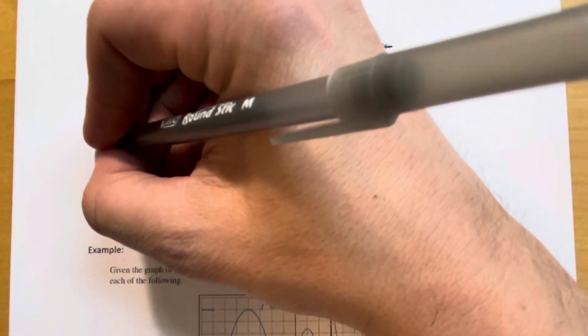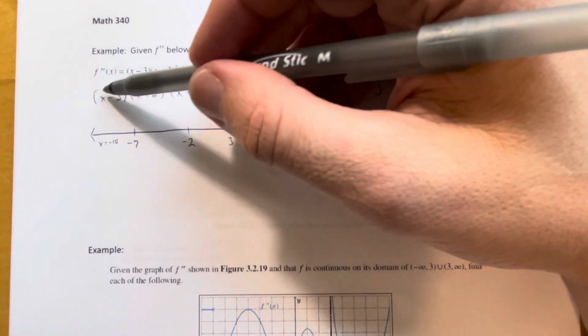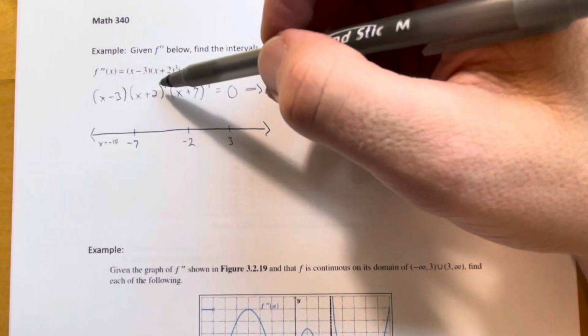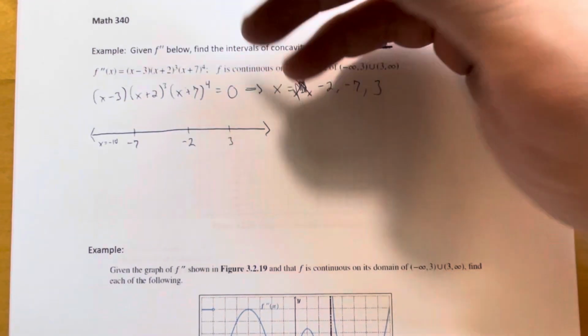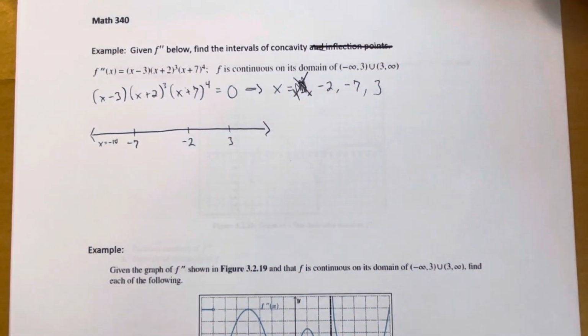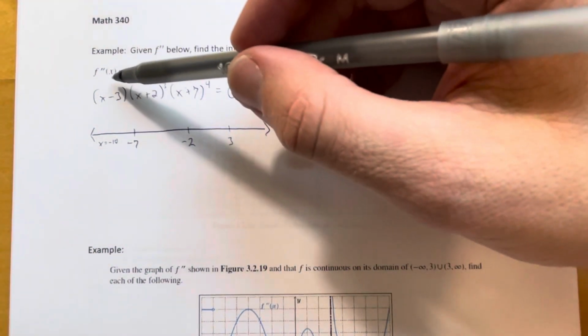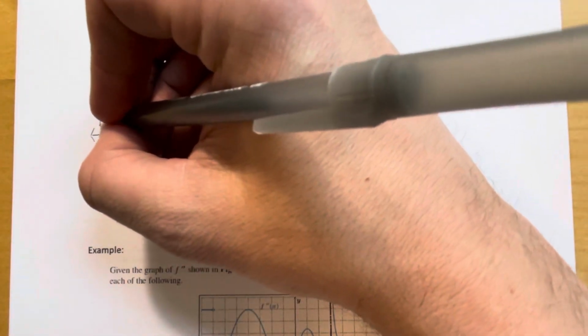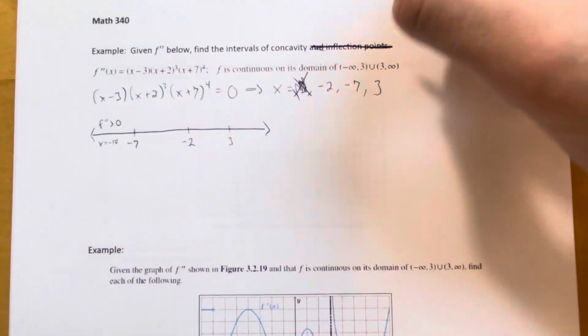Let's start with x equals, say, negative 10. That's a good test point. So negative 10 minus 3 and negative 10 plus 2 are both negative numbers. When you cube something, it keeps its sign. So a negative number cubed is negative, a positive number cubed is positive. That means what I'm going to have here is a negative times a negative, which is positive. So f double prime is positive here.